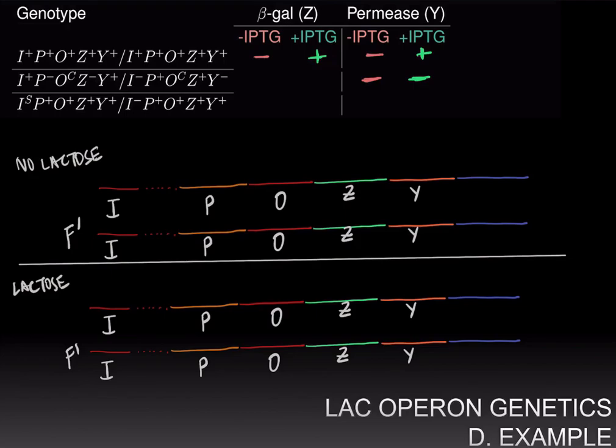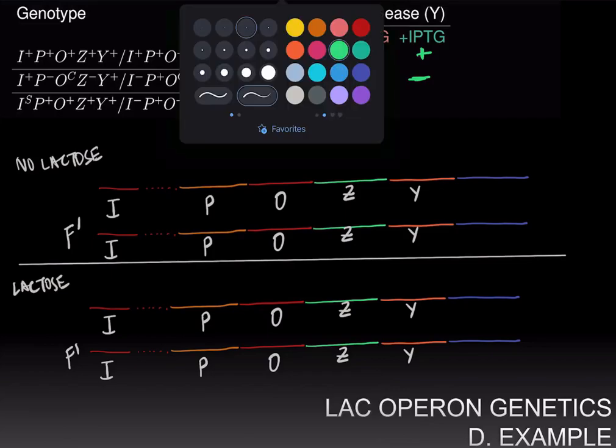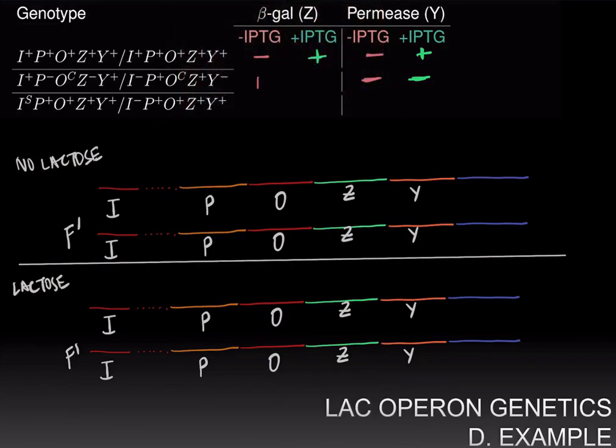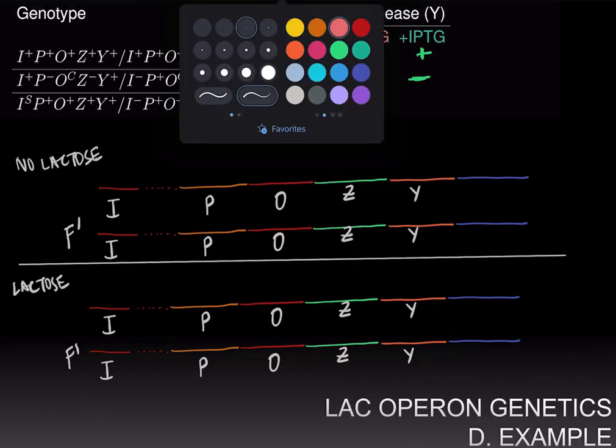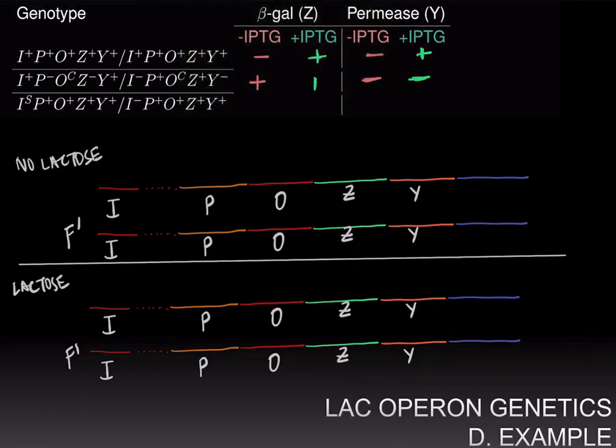And therefore, we will end up with constitutive expression of beta gal because of the OC mutant.